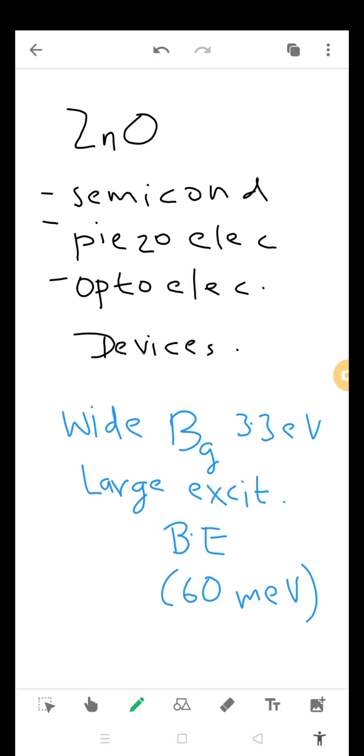It is stable at high temperature, so high temperature stability is also associated with it, and also it is stable in harsh chemical environments.